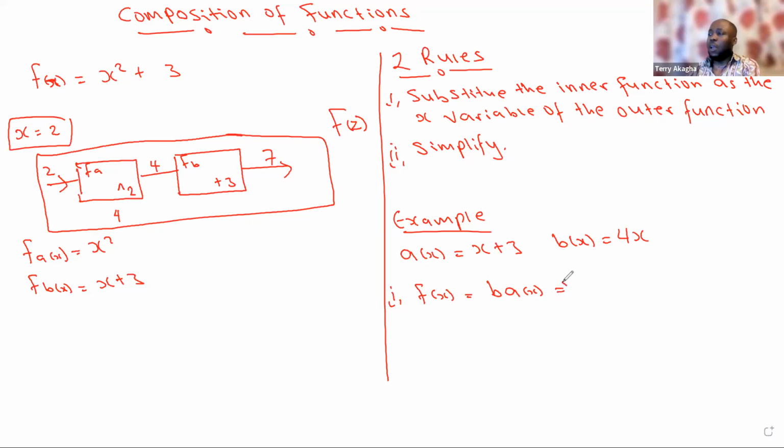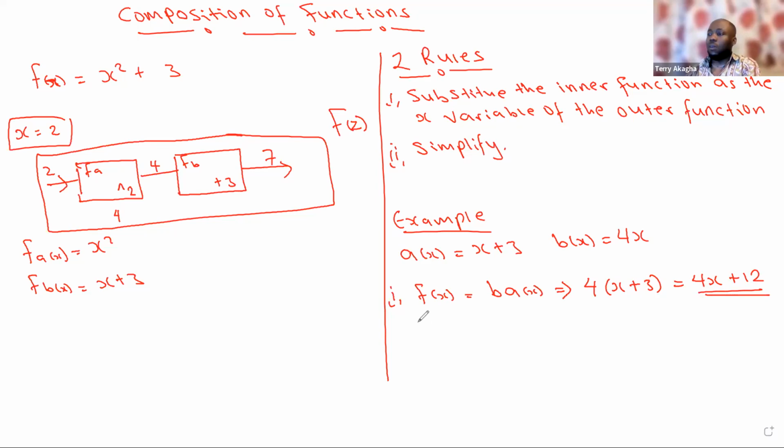So anywhere you see x in the outer function, you substitute the inner function there. It's going to be 4 times x plus 3. Open the bracket, and it gives you 4x plus 12. That is the answer.